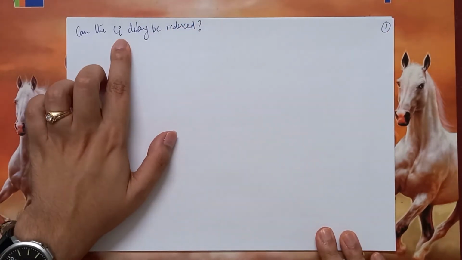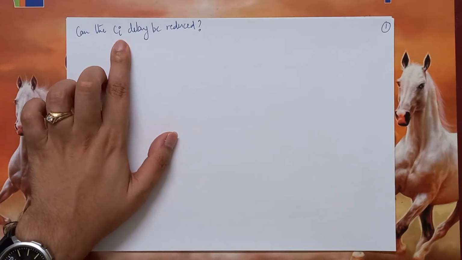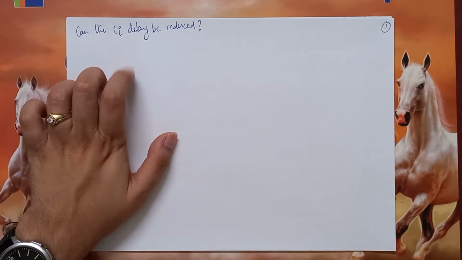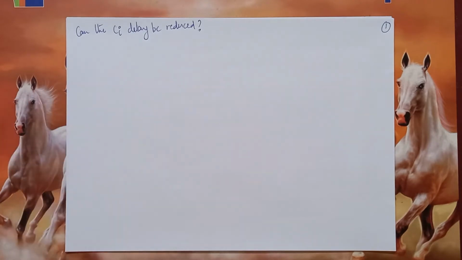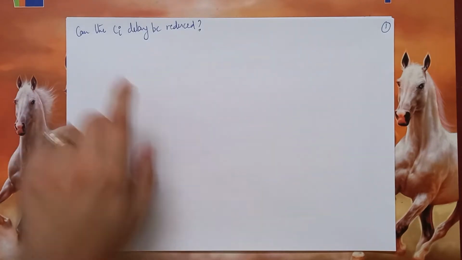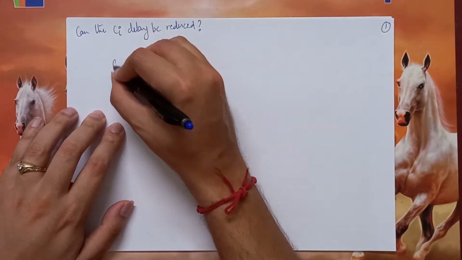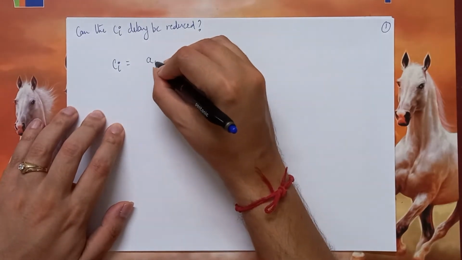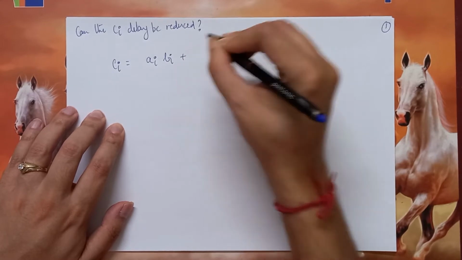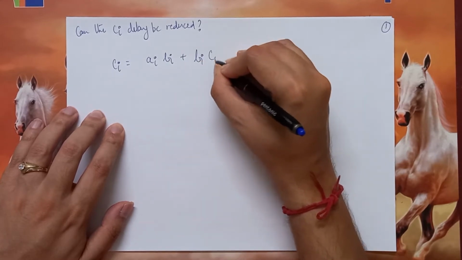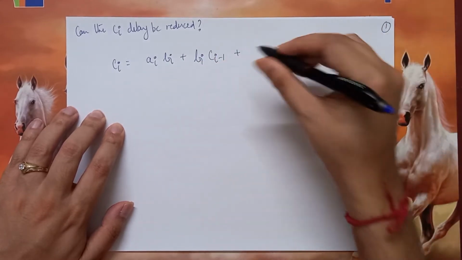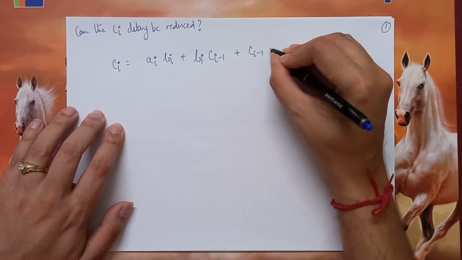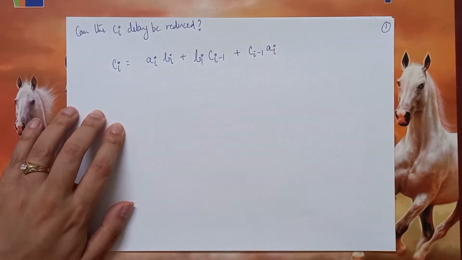Where Ci is the carry at the ith stage, or carry generated at the ith stage. So we saw that, since this is the villain, we could represent Ci as a logic function: ai bi plus bi Ci minus 1 plus Ci minus 1 ai.